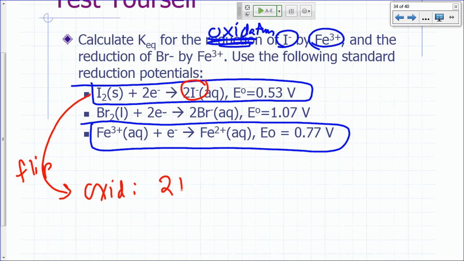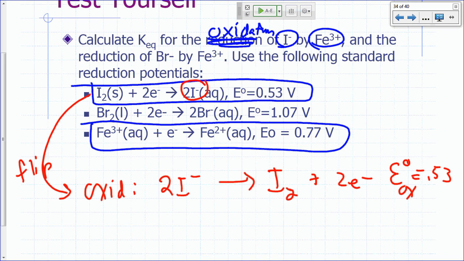I say 2 iodide aqueous yields I2 solid, and I'm just going to leave out the physical states to make things easier to follow, plus 2 electrons. So what's my cell potential for this one? Oxidation potential is going to be negative 0.53. If you're wondering where I found this, I look it up.